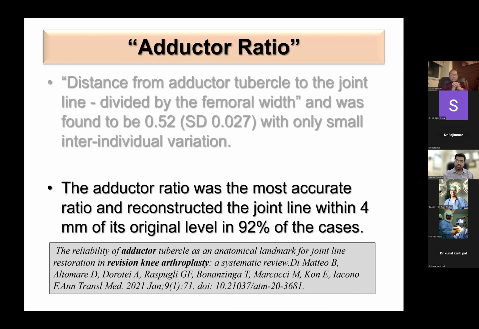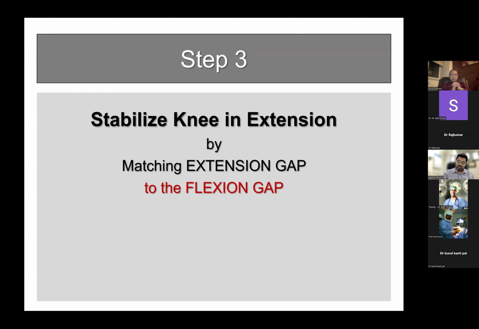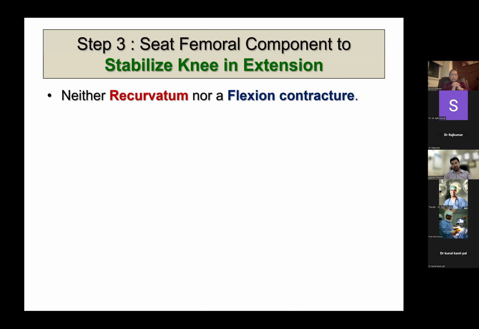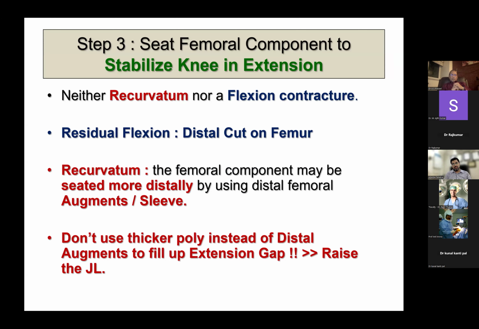Now, once you stabilize the knee in flexion, you stabilize the knee in extension by matching extension gap to the flexion gap by using already selected femoral component size and poly thickness. We neither want recurvatum nor a flexion contracture. If there is residual flexion, you take it off the distal femur, but if it is recurvatum, then don't fill it with poly.